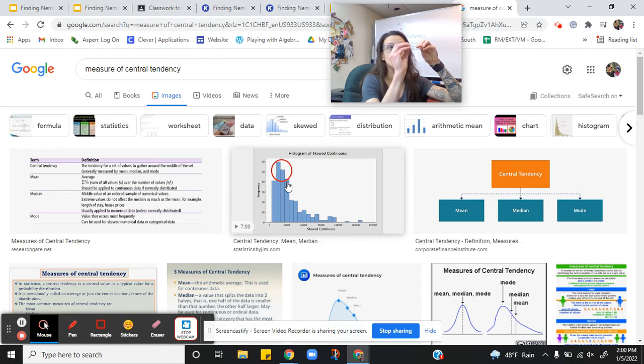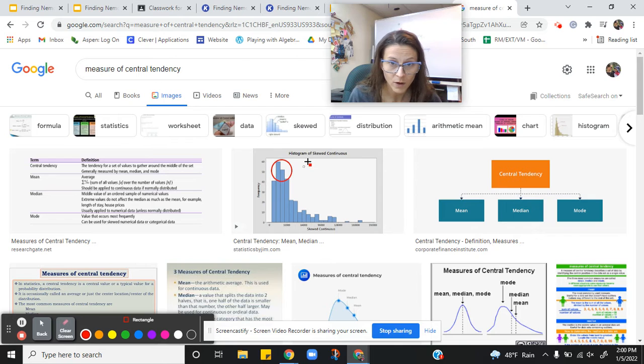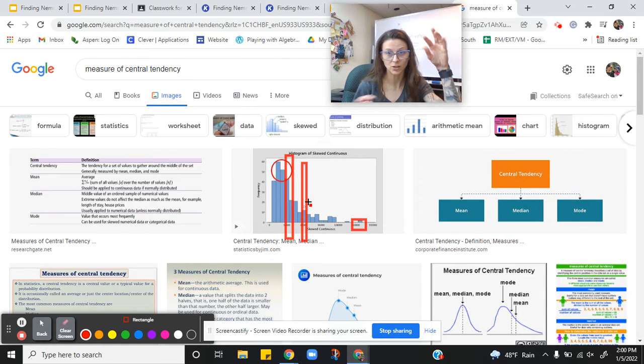Likely, the mean will be over here more because of these extreme values. The mode is here. The median is likely going to be to the left of the mean because the median is actually closer to the center when there's extremes or outliers or a skewed situation.